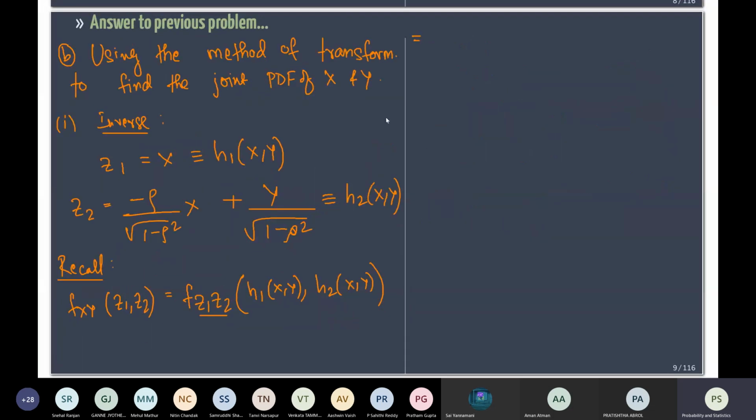H1 we know, H2 we know, and additionally we need the Jacobian. Our focus is now here because all other things are known. The Jacobian, if you remember, is the determinant of del H1 by del x, del H1 by del y, del H2 by del x, and del H2 by del y.